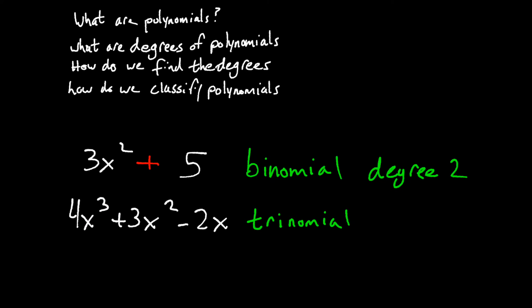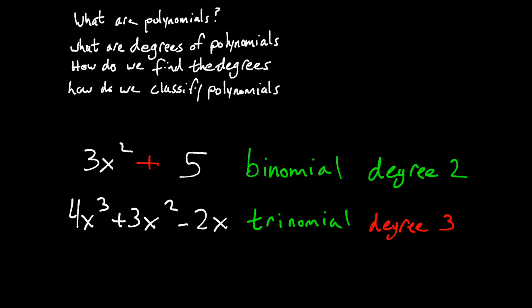It is the exponent on the leading coefficient. So this is a degree 3. And we'll do a couple other examples for finding these degrees, but it is that simple. Put your polynomial in standard form and then find the biggest exponent. That is going to be your degree.